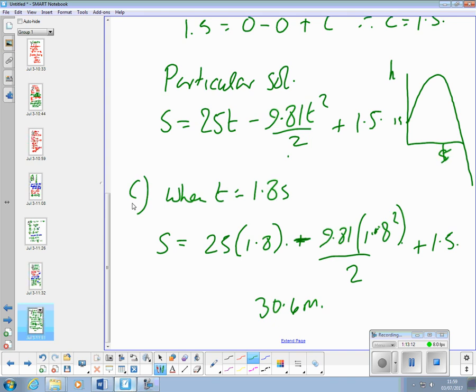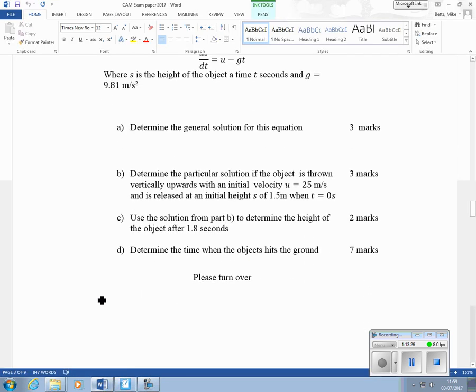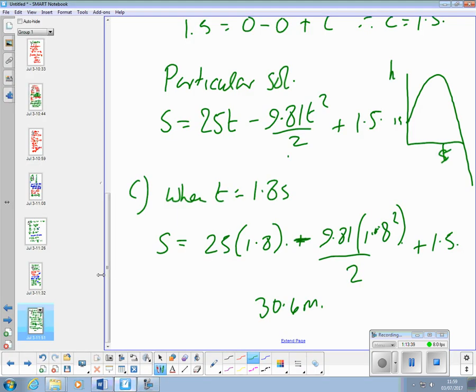Now, I'm not going to go through the last bit step by step. I will give you the answer, right? But the last bit D, it says determine the time when the object hits the ground, right? Well, if you looked at my little graph that I drew, there's an understanding of what's going on here. The point when it hits the ground is when S is equal to 0, right?